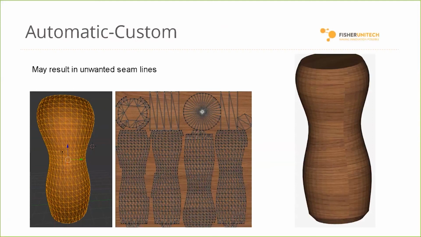But you will sometimes find these little areas where the seam gets cut up in a way that is undesirable. So if I'm doing something very quick, this might be a good method for me. But if I'm doing something that is very, very high fidelity, I might want to custom tailor my UV mapping.